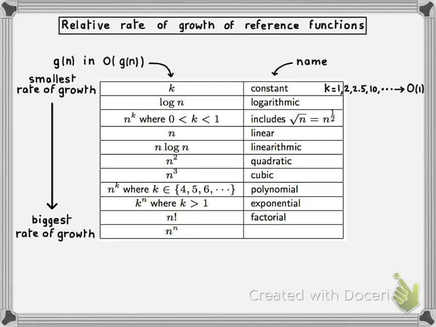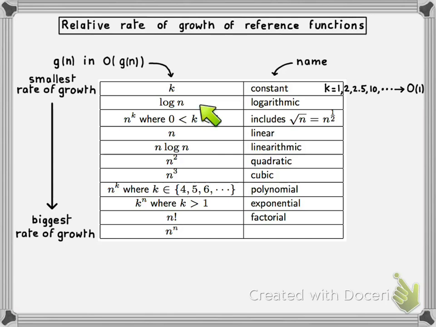Now remember that the graph of the constant function is a straight horizontal line. In fact, this function is the only one in the table that is not strictly increasing. We could say that it's increasing since it's flat, but all of the other reference functions in this table are strictly increasing.